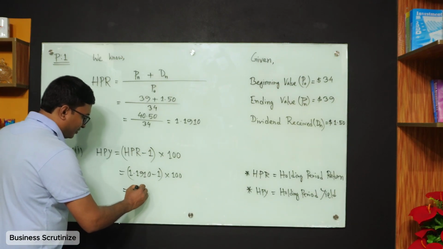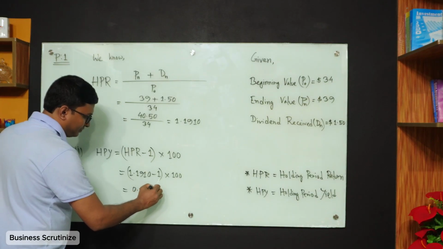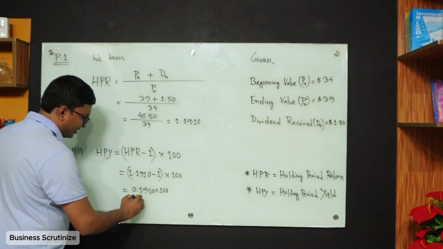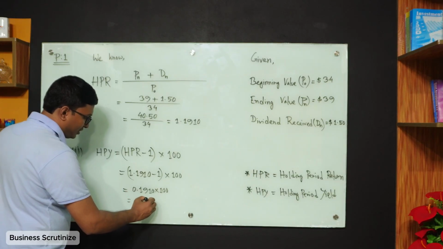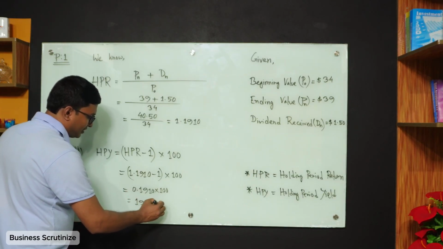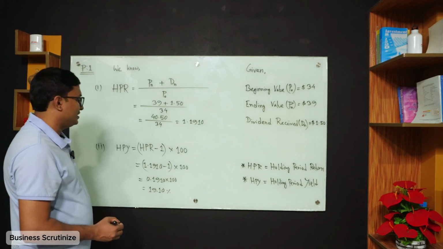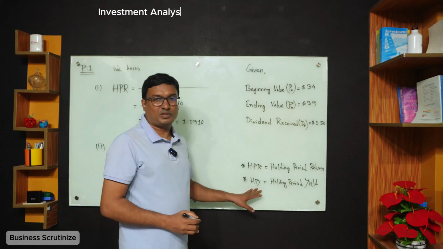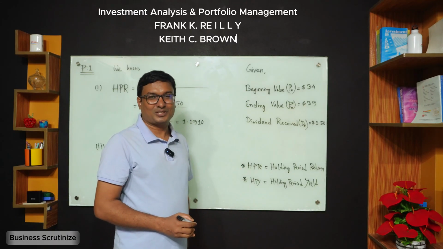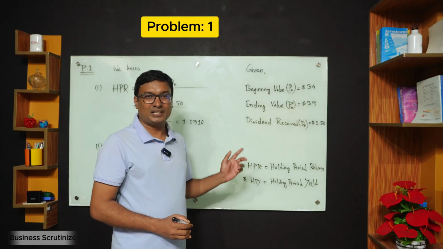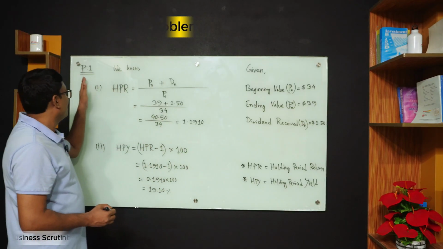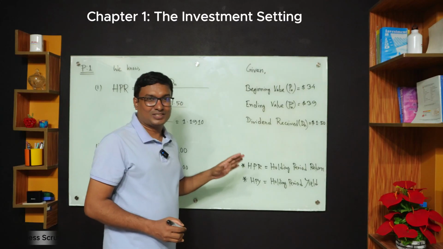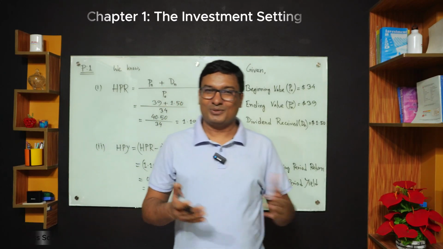It means 0.191 times 100, which is 19.1%. So 19.1% is the holding period yield, shown by HPY. In this way you can compute HPR and HPY in problem number 1, from chapter 1. Hopefully you have come to understand how to solve this problem.